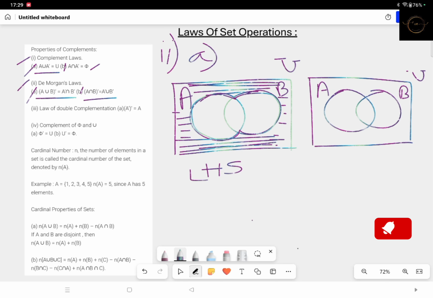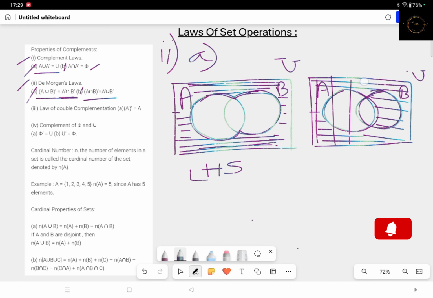Now let's look at the RHS part. A dashed, that means A complement, intersection B complement. What is A complement? Leaving A, this much part is A complement. Intersection B complement. Intersection means we have to put the opposite stroke. B complement means leaving B, whatever part is there.